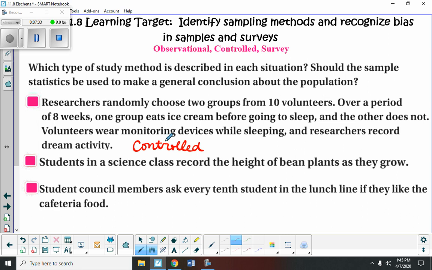So we would say that this is probably unreliable because it was too small of a study. All right, next one. Students in a science class record the height of bean plants as they grow. That's an observational.